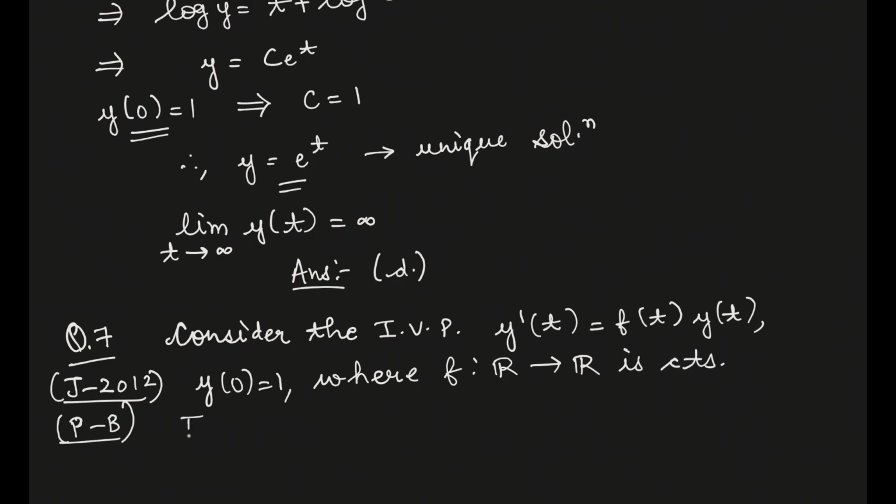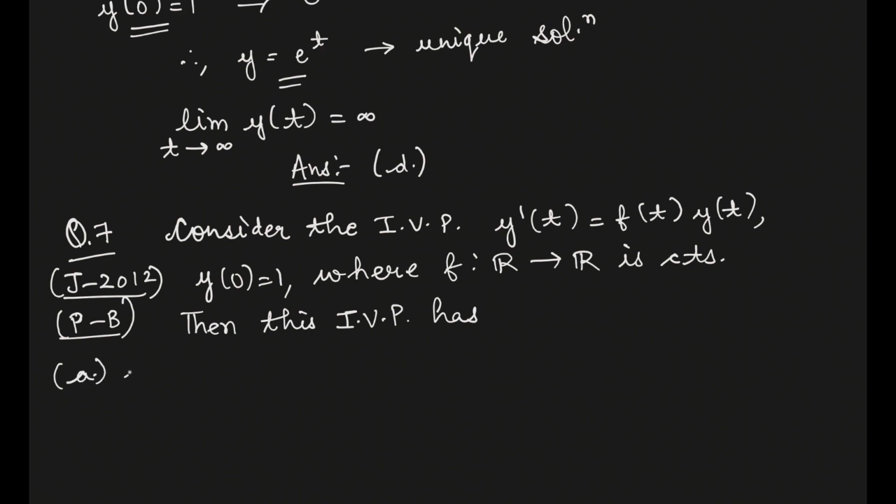Then this initial value problem has option A, infinitely many solutions for some f.